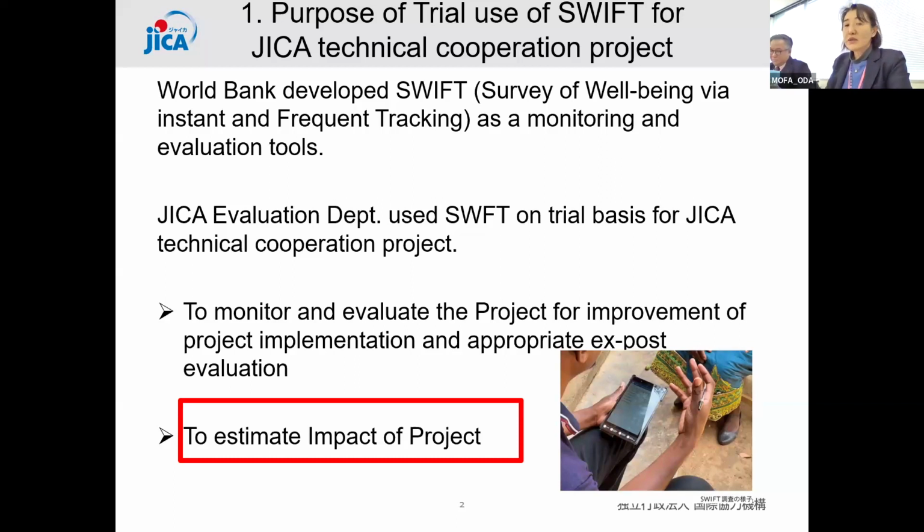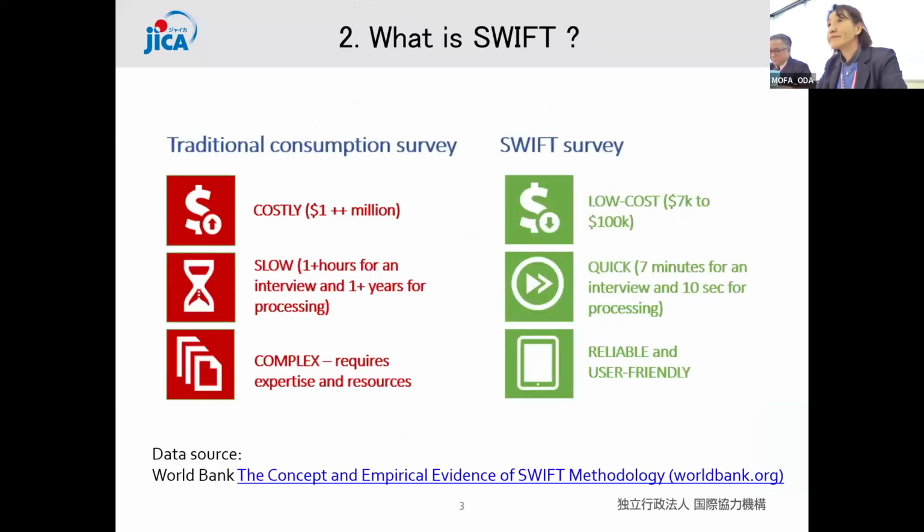So second slide, briefly, I would like to explain what SWIFT is. This compares the traditional consumption survey, indicated on the left side in red, and the SWIFT survey in green.